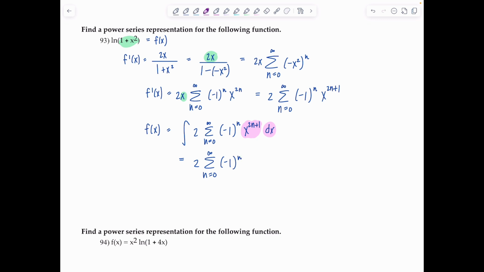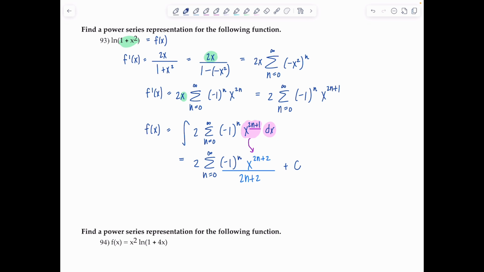And then you go, how do I take antiderivatives? I add 1 to the exponent and divide by the new exponent. So you're going to add 1, the exponent becomes 2n plus 2, and we divide by the new exponent, which is 2n plus 2. That's it, you guys. Look at you. We did take an antiderivative, so I have to put plus c.